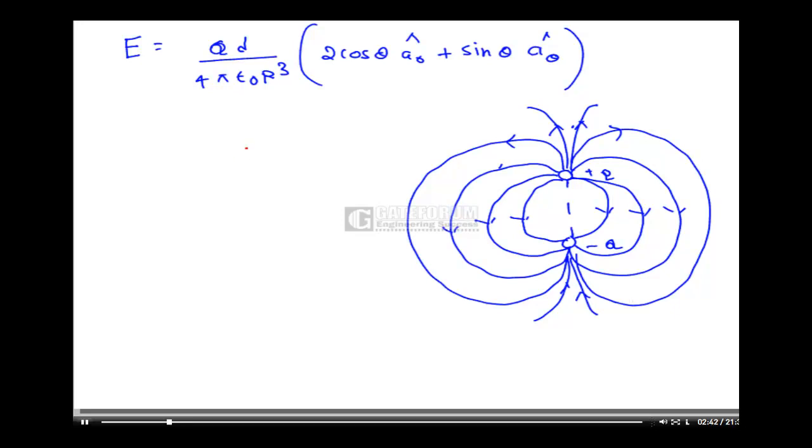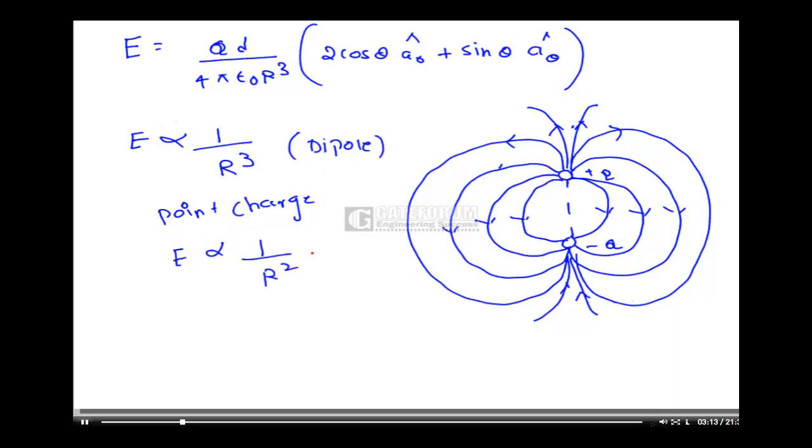Here the important point is not the expression at all. The electric field intensity is inversely proportional to R cube, 1 by R cube, for a dipole. Dipole means two charges. Suppose you consider a point charge: for a point charge, E is proportional to 1 by R square.